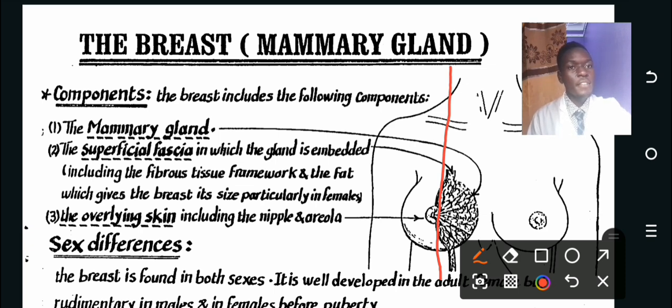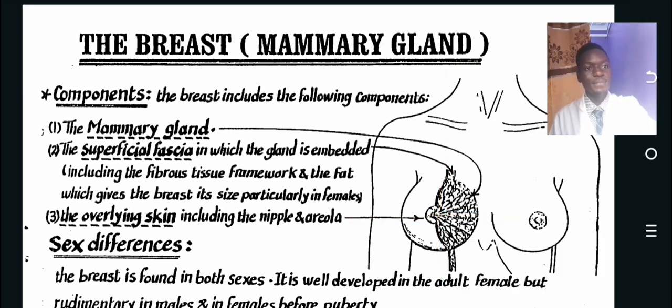And along the mid-clavicular line, that's where we find our nipple. However, horizontally, our nipple is also found in the fourth intercostal space. Our nipple is found in the fourth intercostal space.